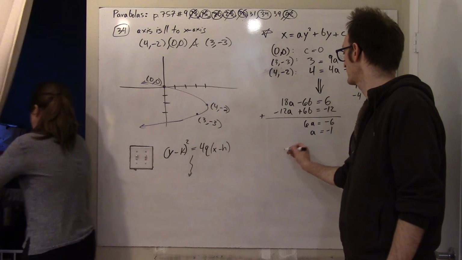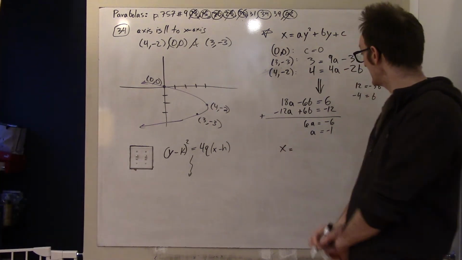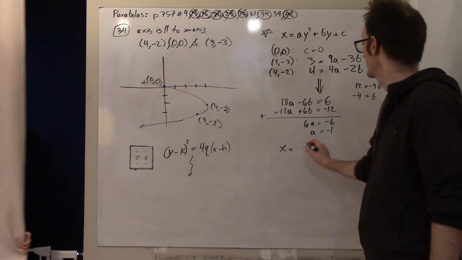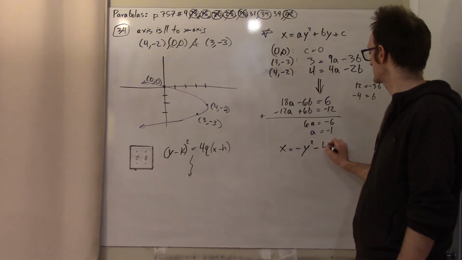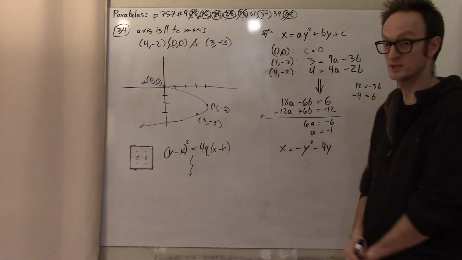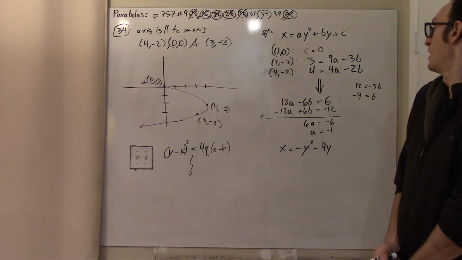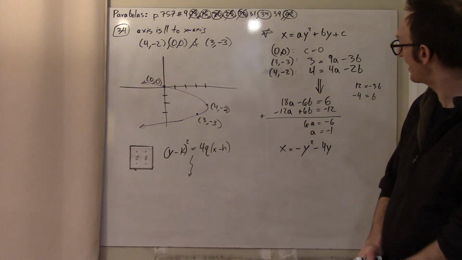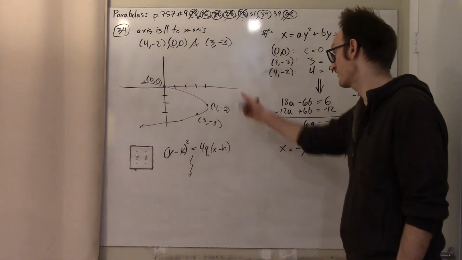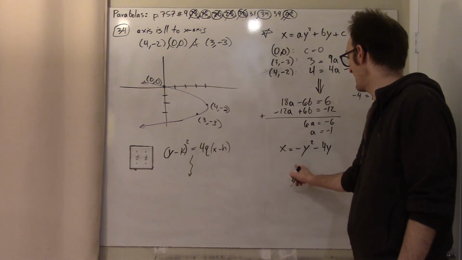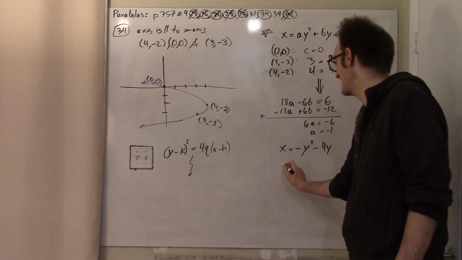So what does this tell me? This tells me that x is just negative y squared minus 4y. Okay, what's so good about that? On the one hand, I'm done. If I want to make some kind of sense of this, I should multiply both sides by negative 1.